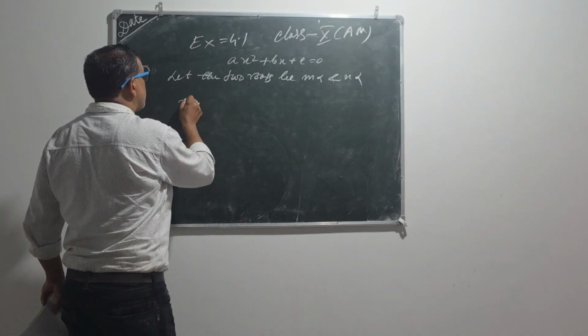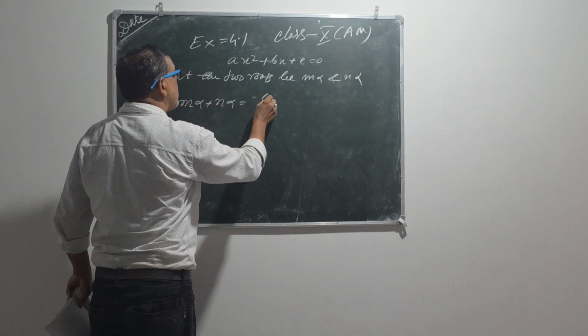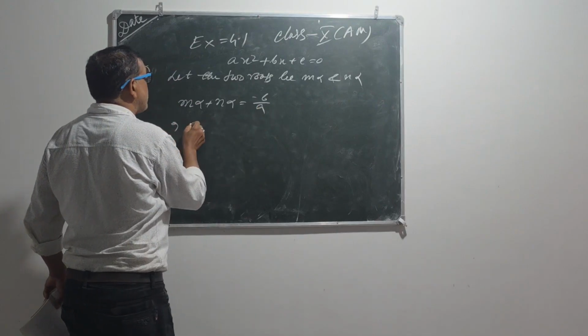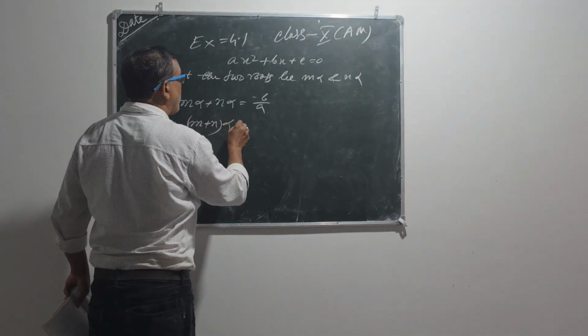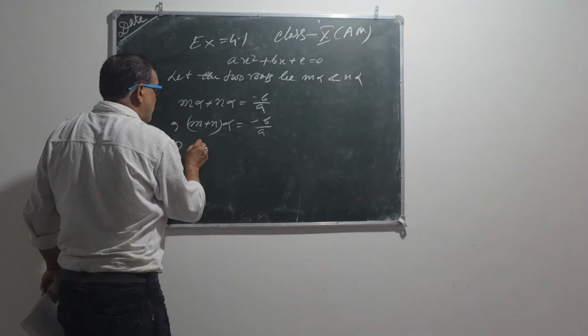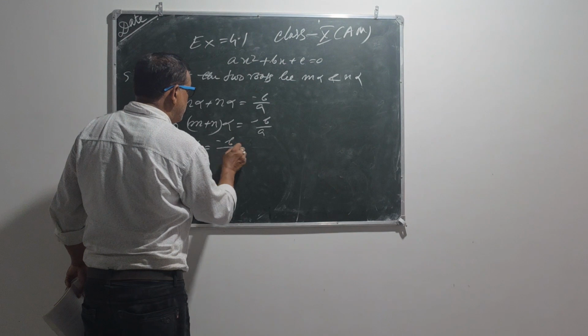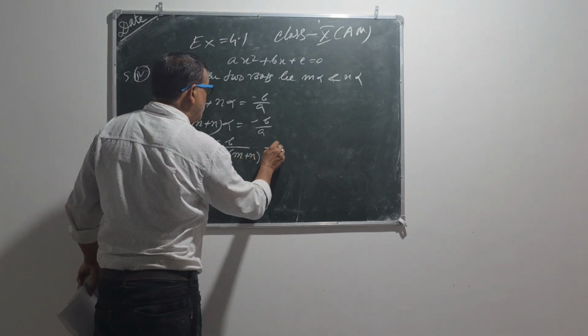Therefore, the sum of the roots is m alpha plus n alpha equal to minus b by a. That is, m plus n whole into alpha equals minus b by a. This can be written as alpha equal to minus b divided by a into m plus n. This is relation 1.